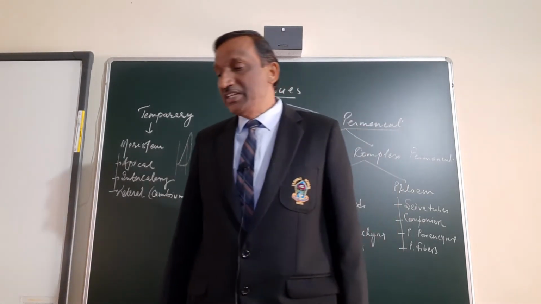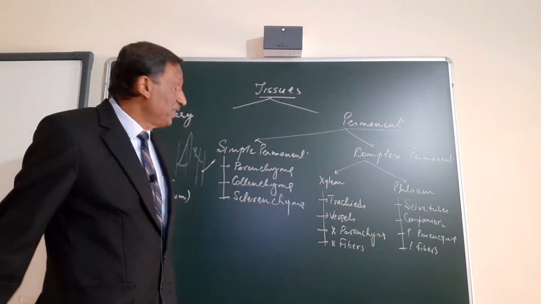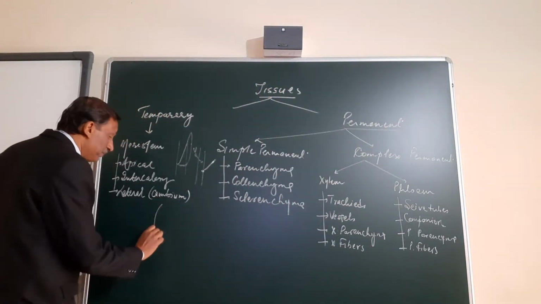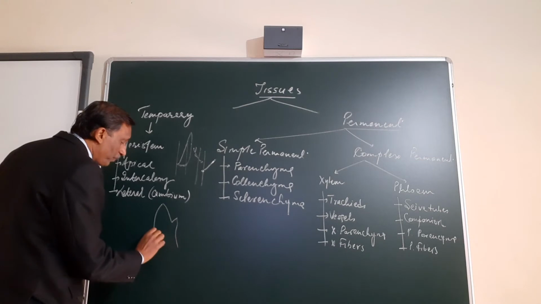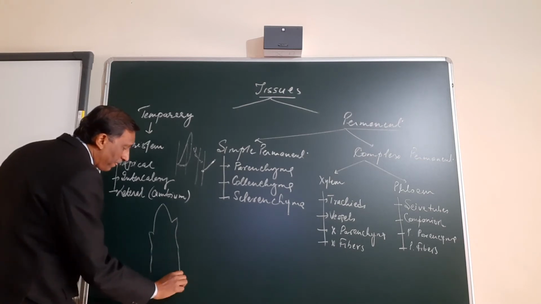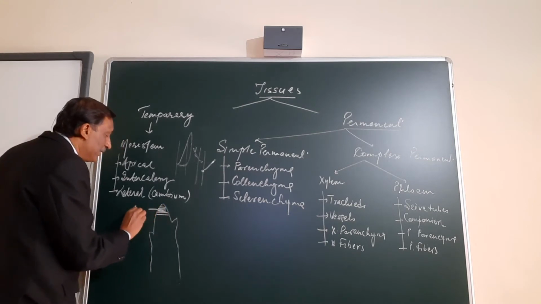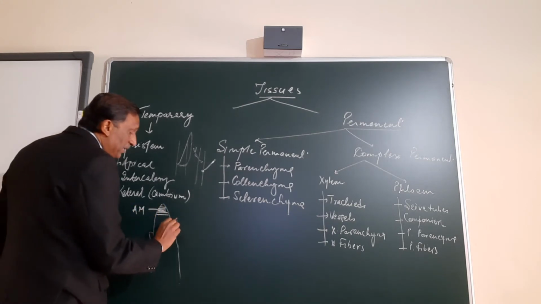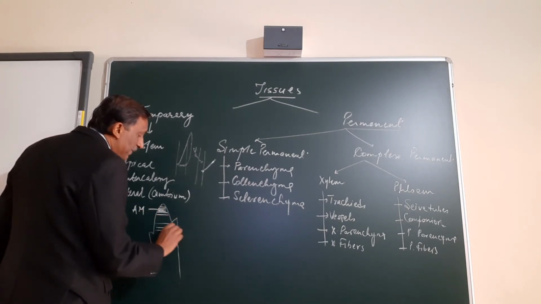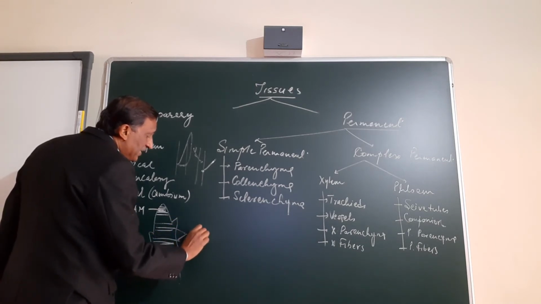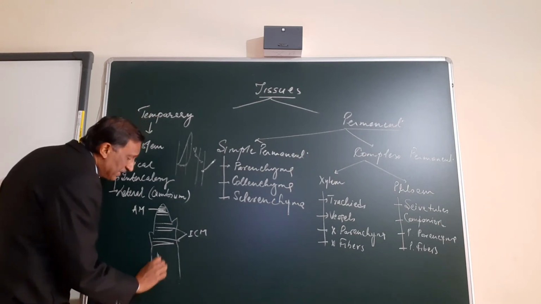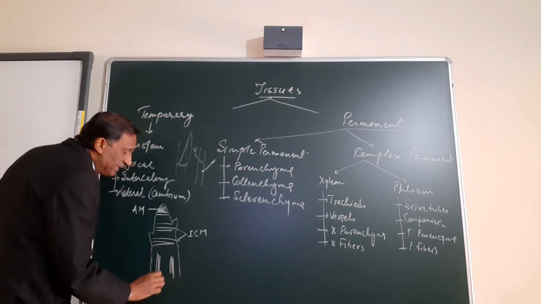lateral meristem, which is found in, suppose this is the stem. So this was the place where apical meristem was there. Apical meristem. This was the place where intercalary meristem, ICM, and these are the places where the girth is increased.